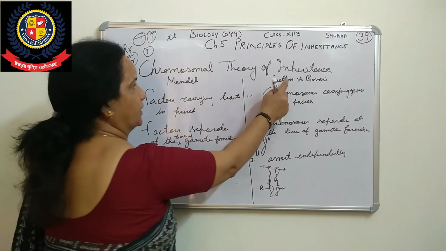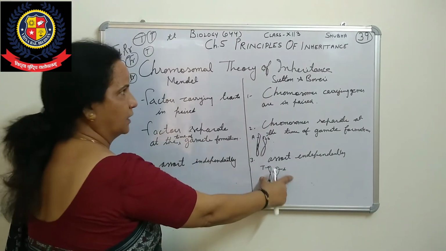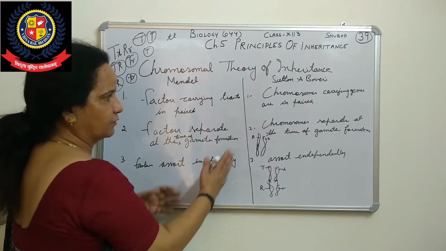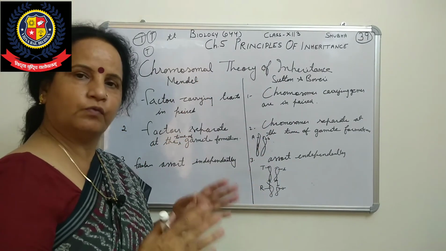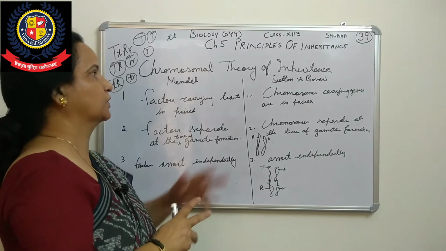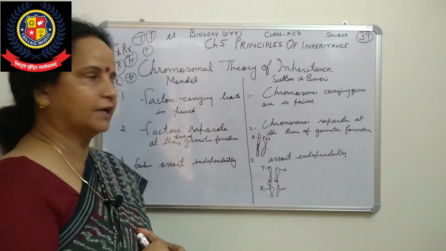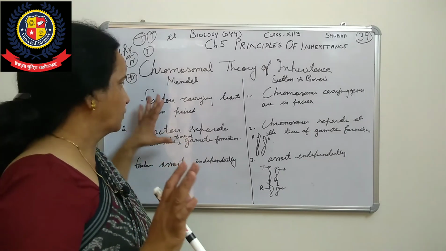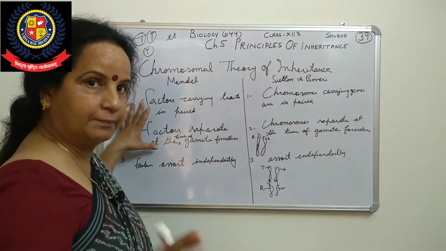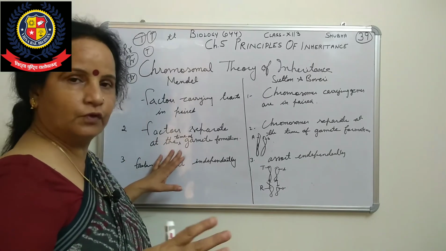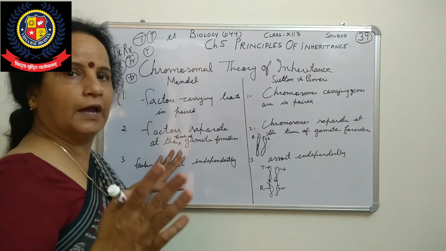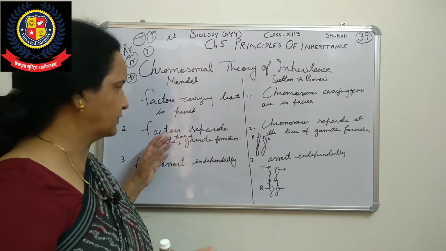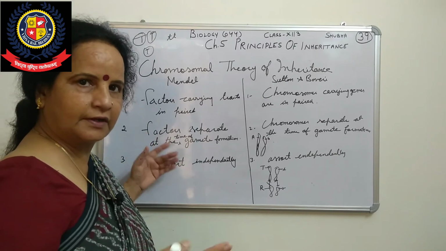So Sutton and Boveri's theory and Mendel's theory are similar; only the words are changed. At the time, what Mendel had told was 100% correct. Because of the lack of knowledge of nucleus, chromosomes and genes, he had given different names, factors and traits.